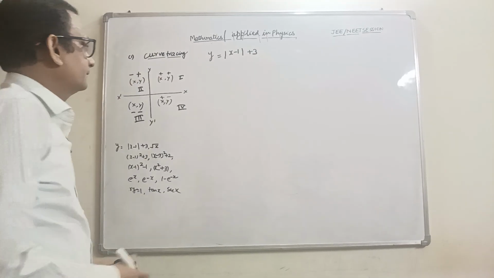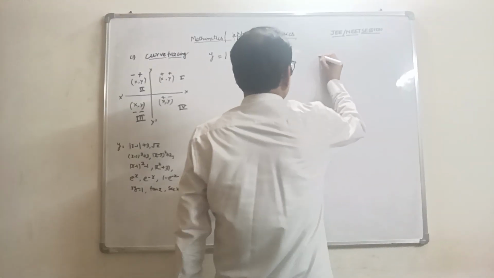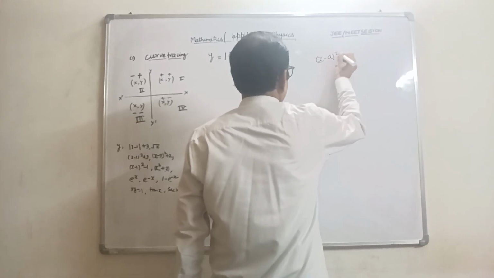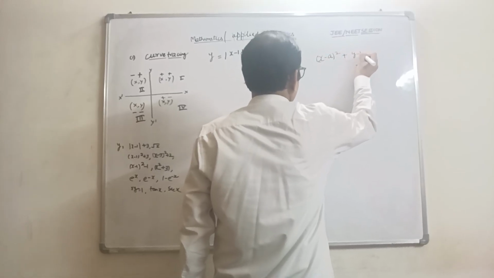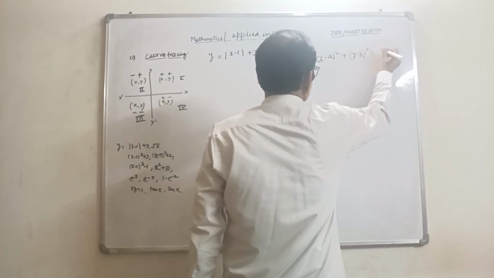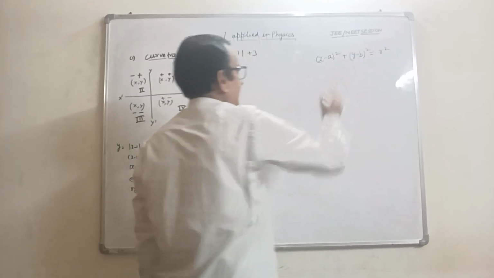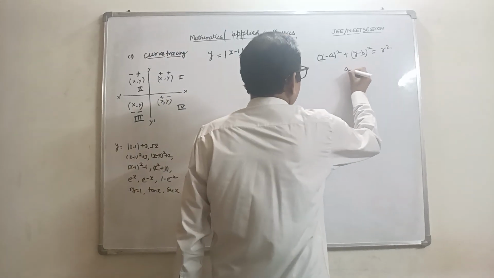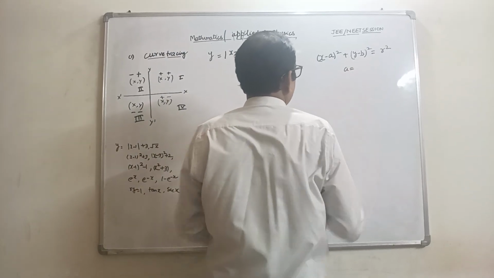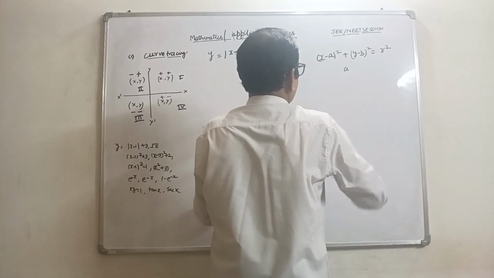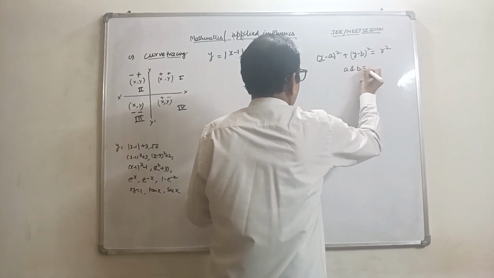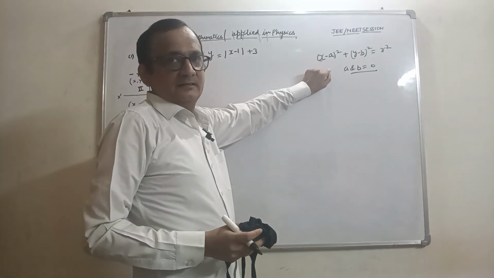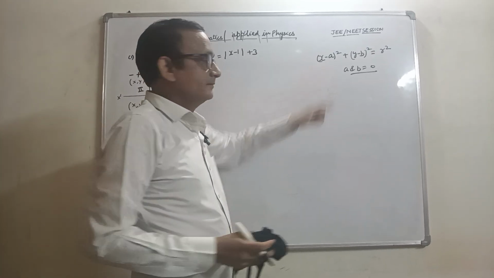Here we know the equation of a circle is (x minus a) whole square plus (y minus b) whole square is equal to r square, where r is the radius and a and b are the coordinates of the center. When both a and b are 0, it means the circle is centered at the origin.